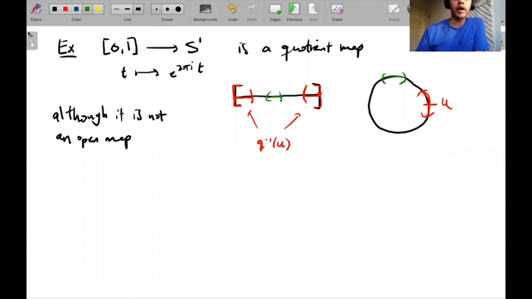Okay, let me state another lemma, which is similar to the lemma we already had about continuity for quotient spaces. Let X to Y be a quotient map.